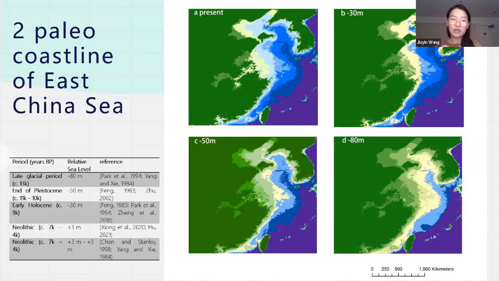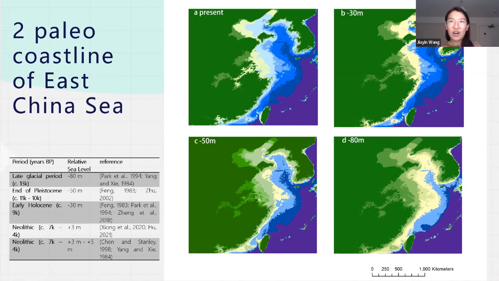However, here I give some approximate time ranges for these maps. When the sea level was around 80 meters below present, I would say that this period was around 13,000 years before present, and this was around 11 to 10,000 before present, and this was around 9,000 before present.